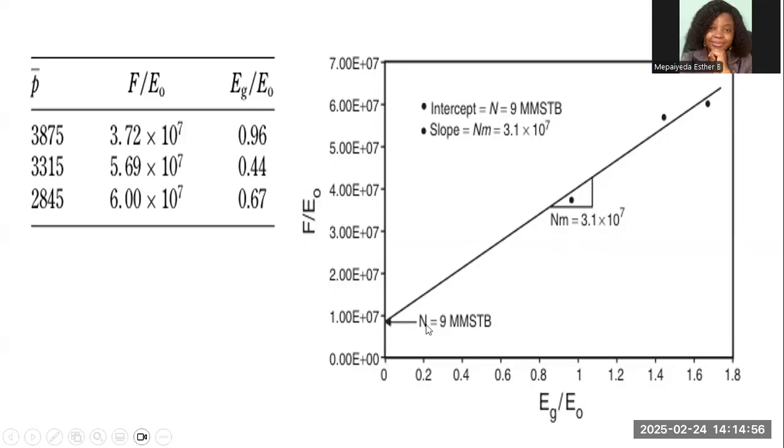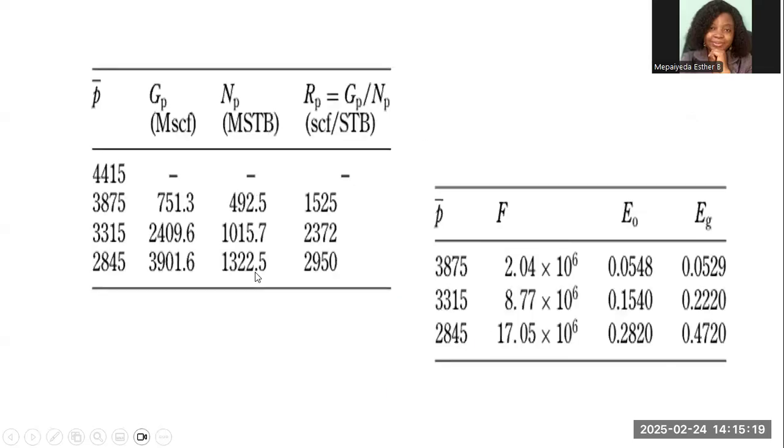The intercept here is your N, so do the calculations, do your manual plotting, and estimate your N from the intercept. Then estimate your slope. Your slope is your MN. I believe you understand that.